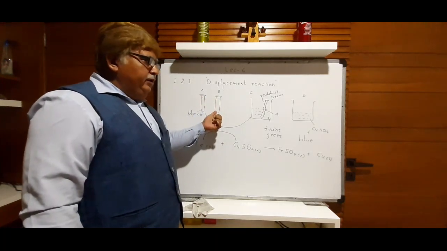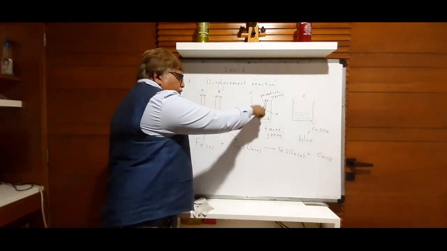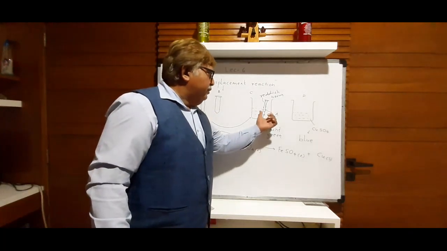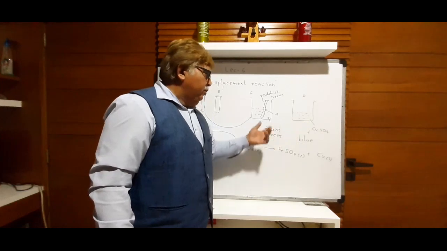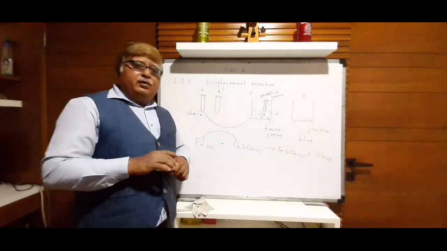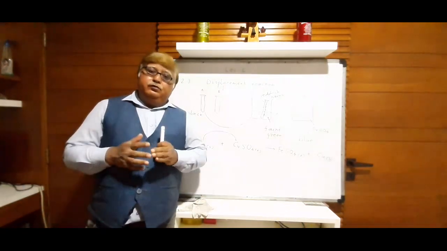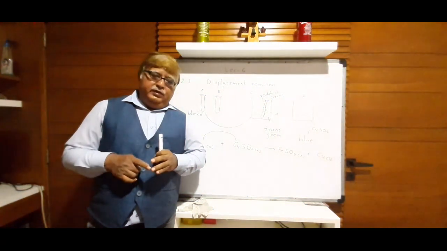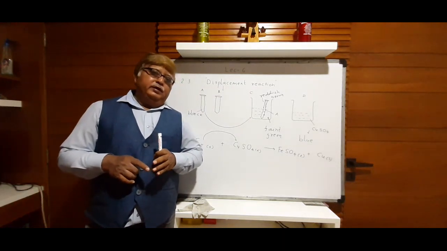B initially black, now also black, but A turns out to be reddish brown. What is the difference in color of solution in test tube C and D? In D, which was kept undisturbed, it remained blue, but here the solution turns faint green. Understand? So this is one example of single displacement reaction, or you might say mono displacement reaction.